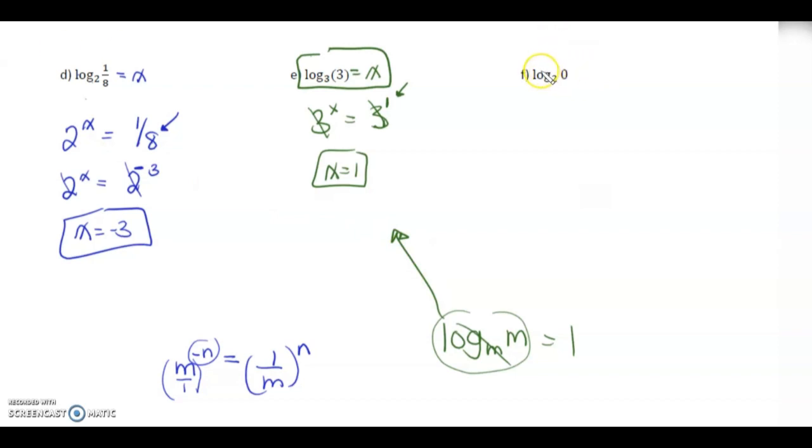Okay, and the next one, log base 2 of 0 equals x. So 2 to the exponent x equals 0. Okay, 2 to any exponent is never going to yield a 0. This is going to be inadmissible.